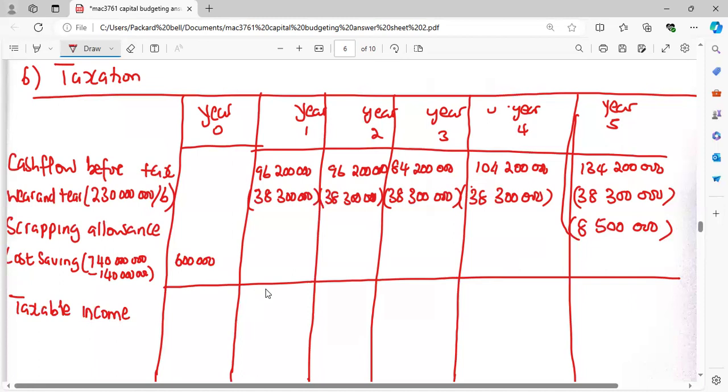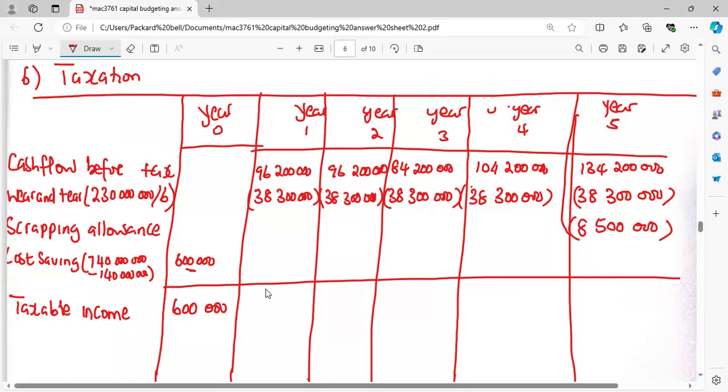Our taxable income on here, the tax rate is still going to be 600,000. Then in the second column, we just subtract that 38,300. How much are we going to have? $96,200 minus 38,300 is 57,900,000.